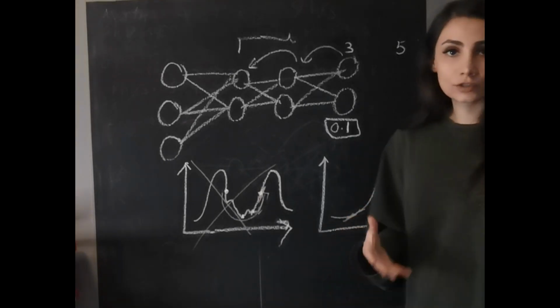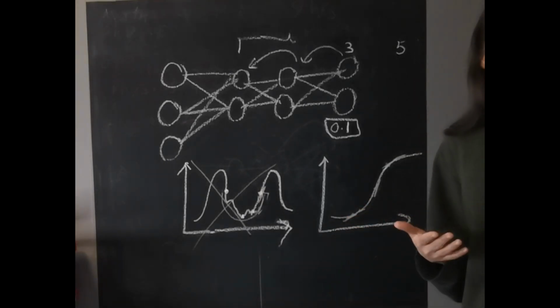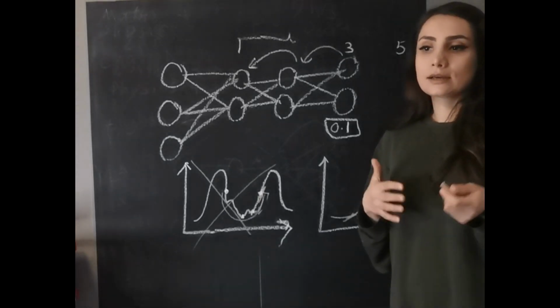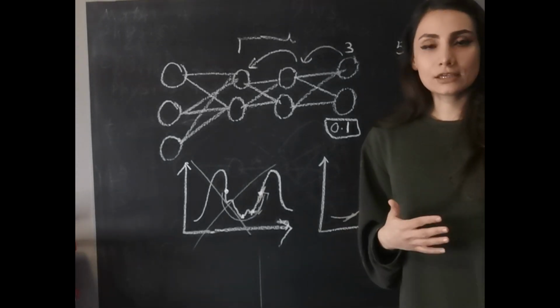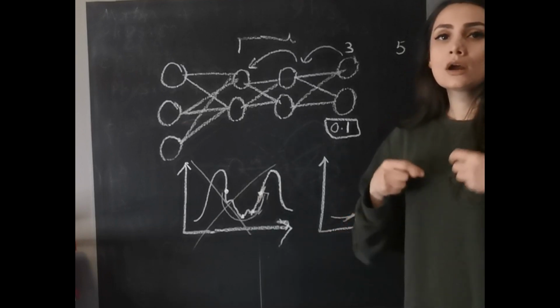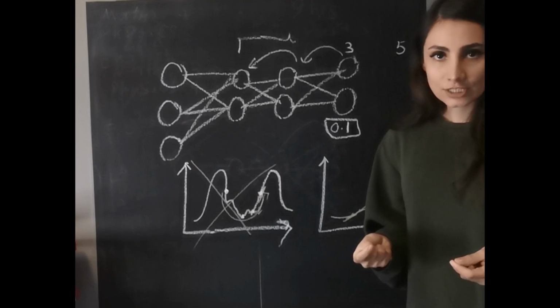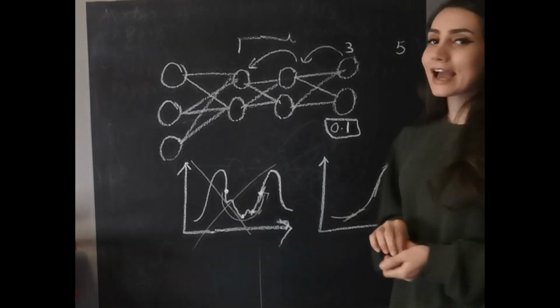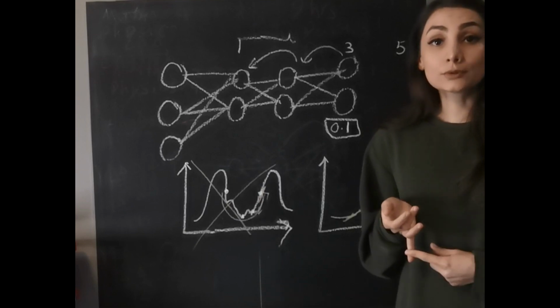So sigmoid and tanh are among the main contributors to vanishing gradients. And then another one that we have is exploding gradients.